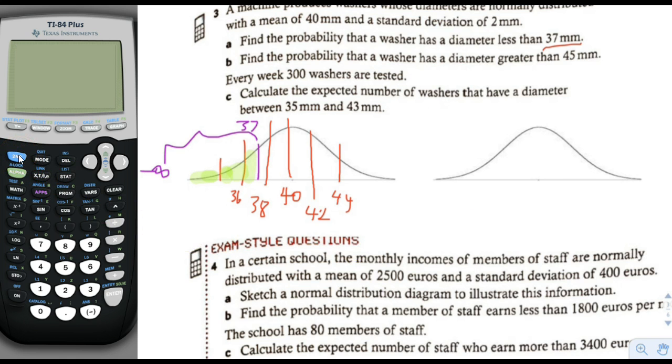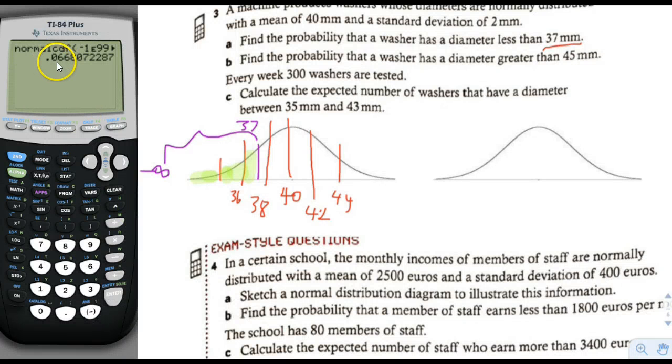So we do second dist, and then we do normal CDF, and the left boundary is going to be negative infinity, so negative 1 EE 99, and the upper limit is 37, and the mean is 40, and the standard deviation is 2, and that's it.